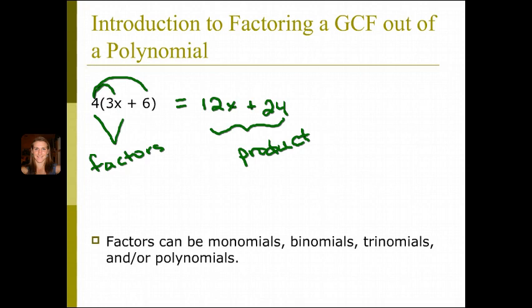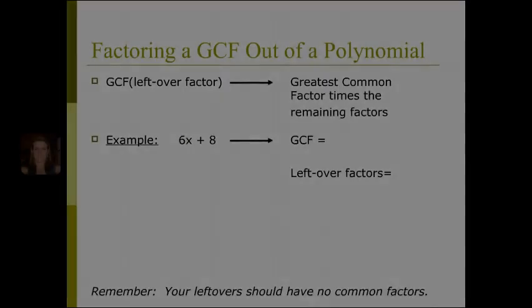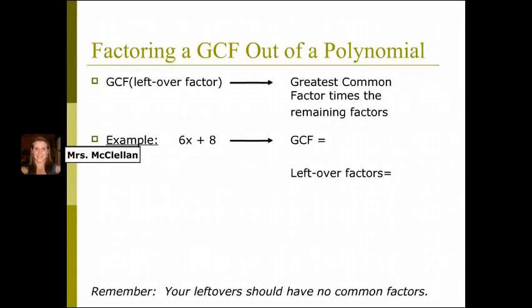Your factors can be monomials, binomials, trinomials, or polynomials. When you're trying to find your greatest common factor, you need to think about what number goes into both terms that can be taken out. Well, your factor of 6x and of 8 that we have in common is going to be 2.